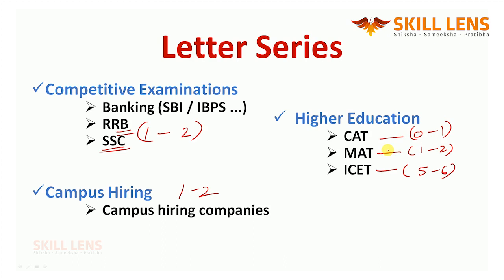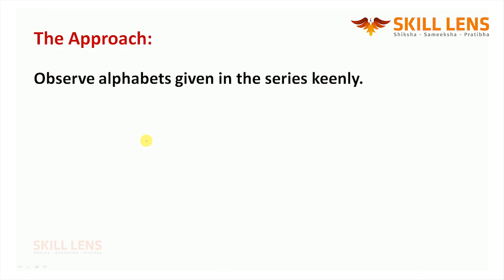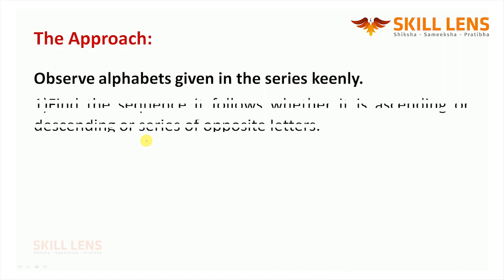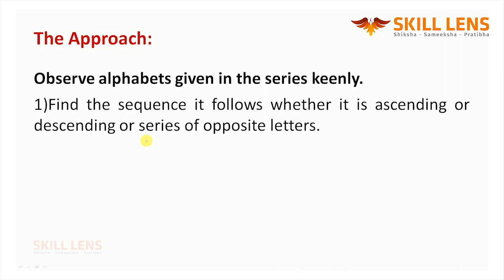If you want to be good at letter series, first you should know the place positions, which we have already discussed in coding and decoding, how to remember the place positions of every letter. And what is the basic approach to handle the questions? You have to observe the alphabets in the given series very keenly and find the sequence it follows, whether it is an ascending or descending series of opposite letters.